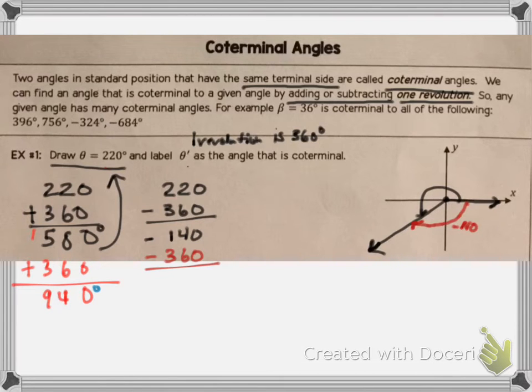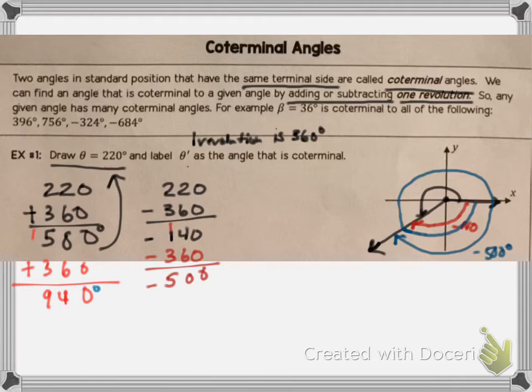So when you have the same sign, you're just adding and keeping the sign, so that would be negative 500. I start at the initial side, go negative 140, and then do a full revolution back. This angle will be negative 500 degrees.